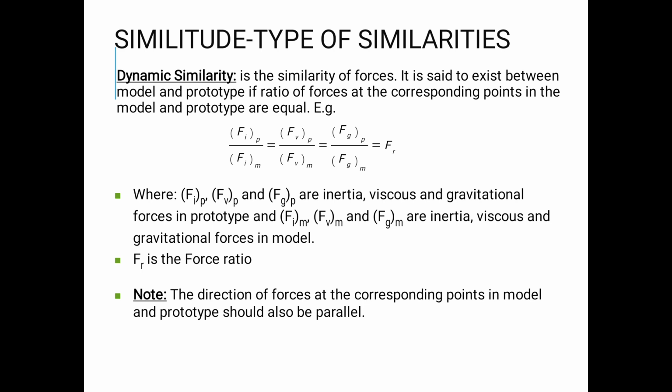That is, Fi of P divided by Fi of M is equal to Fv of P divided by Fv of M is equal to Fg of P divided by Fg of M, that is equal to FR, where Fi of P, Fv of P and Fg of P are inertia, viscous and gravitational forces in prototype, and Fi of M, Fv of M and Fg of M are inertia, viscous and gravitational forces in model, and FR is the force ratio.